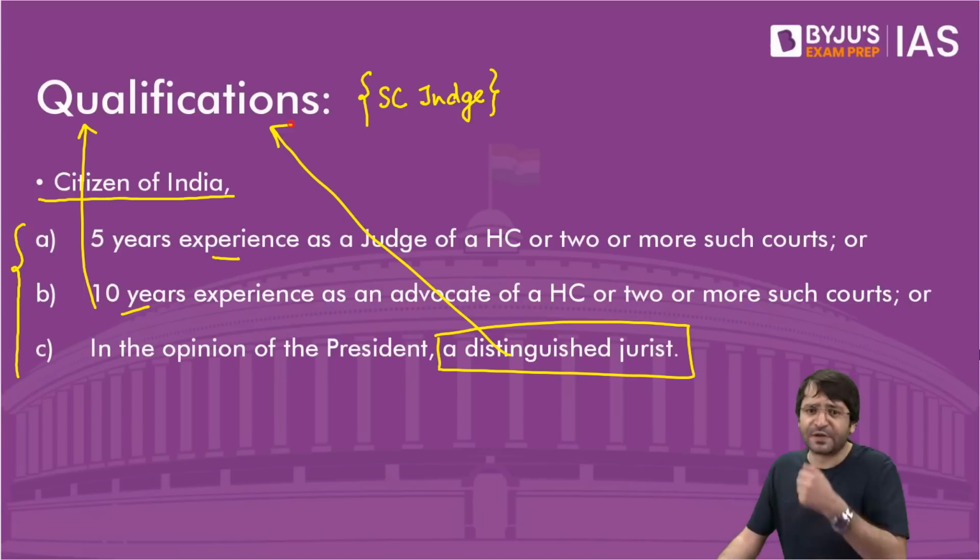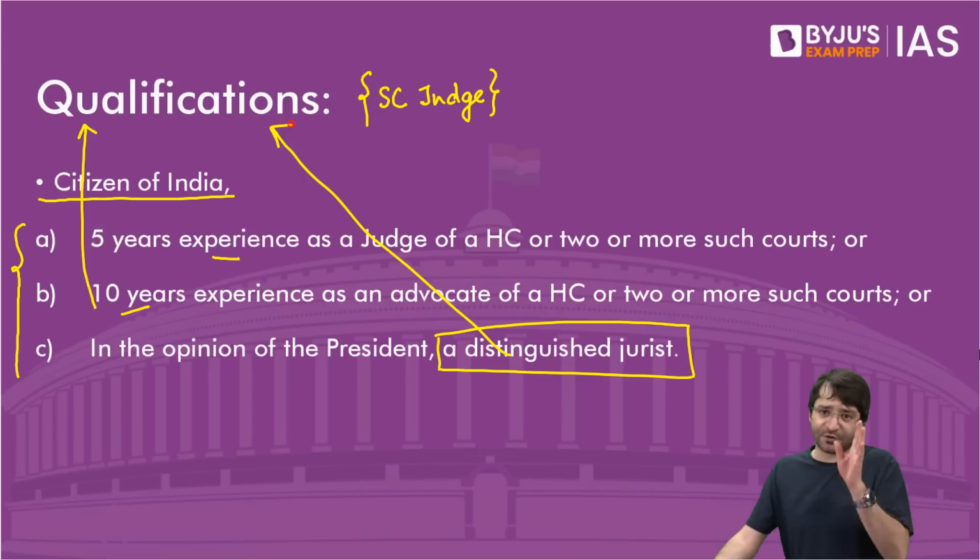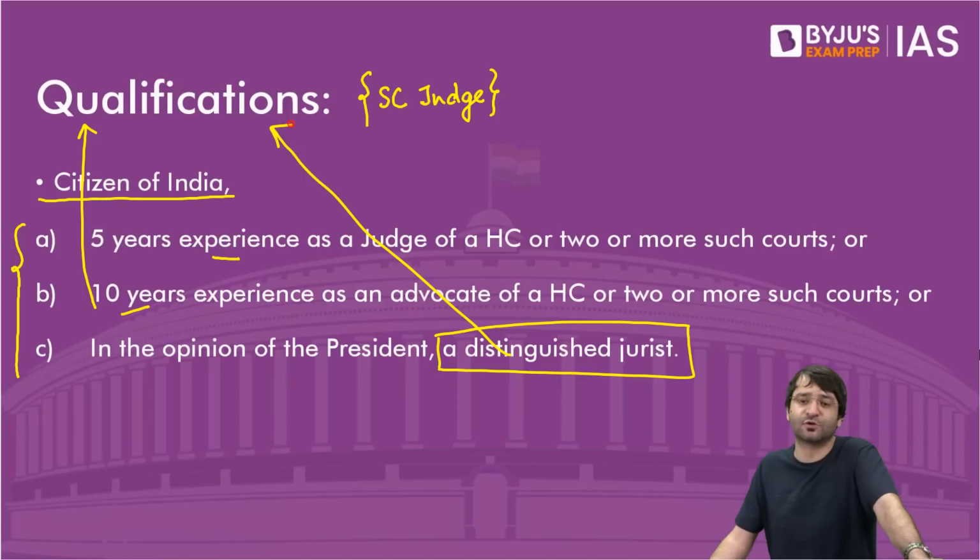Maybe a law professor of a university who has taught law for 20 years, 30 years. He's basically a lawyer, but does not practice law. He understands law, the Constitution, everything, but has not been a judge. Such an individual is a distinguished jurist. In the eyes of the President of India, if you are a distinguished jurist, you are qualified to be appointed as a judge of the Supreme Court.